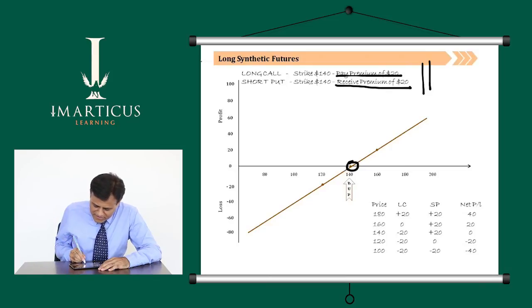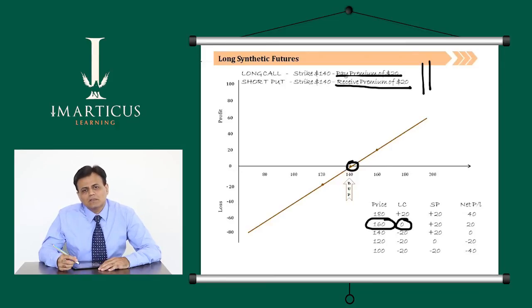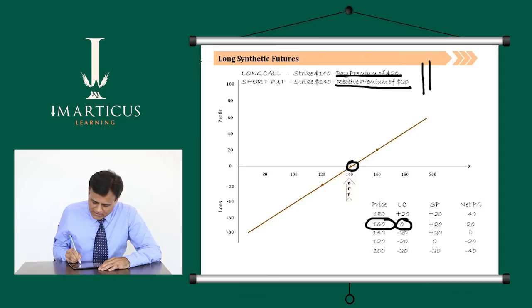Say, for instance, if the prices of crude were to rise to $160, in this case the long call will yield us no profit or loss, since we have paid $20 for the long call over and above the $140 strike.